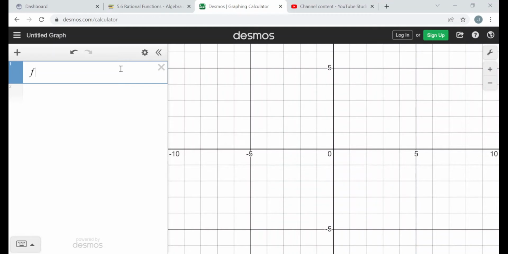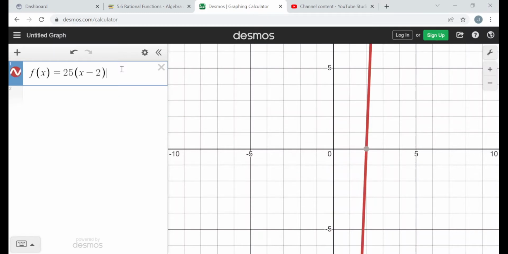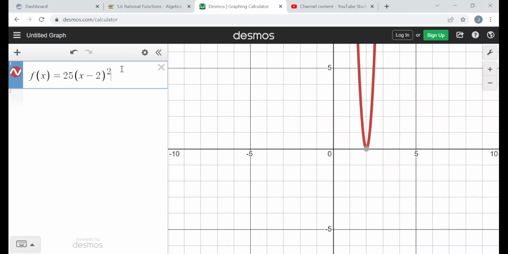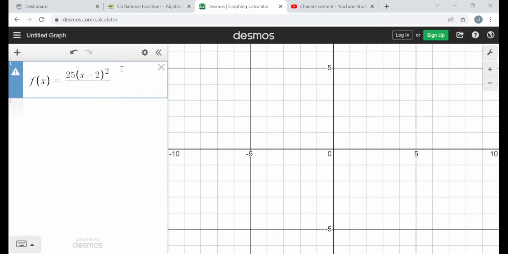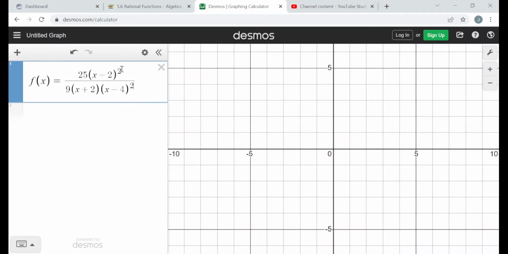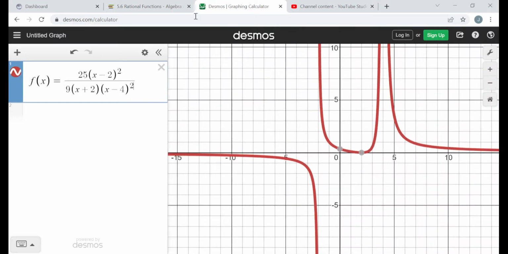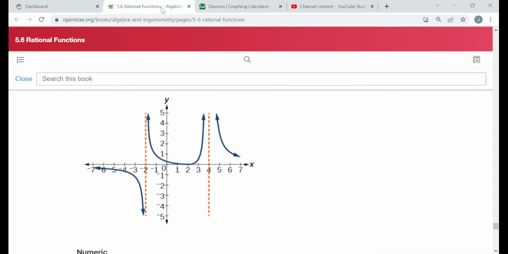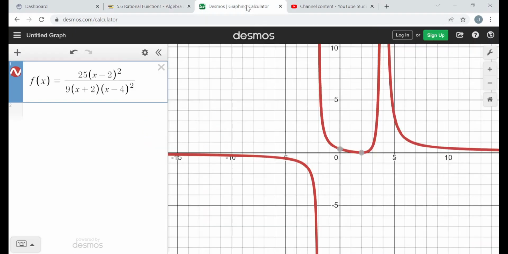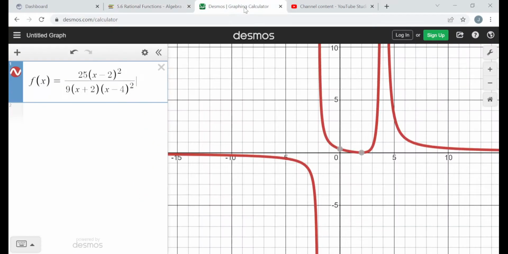So f of x equals 25 times the quantity x minus 2 squared divided by 9 times x plus 2 times x minus 4 squared. Alright, and then let's look at that compared to this, and it looks pretty good. Yeah, that looks pretty good to me.